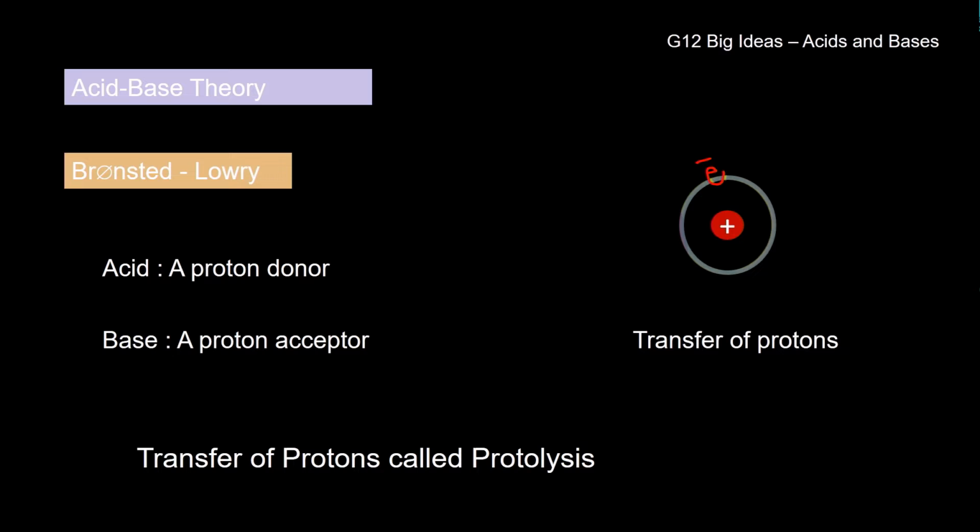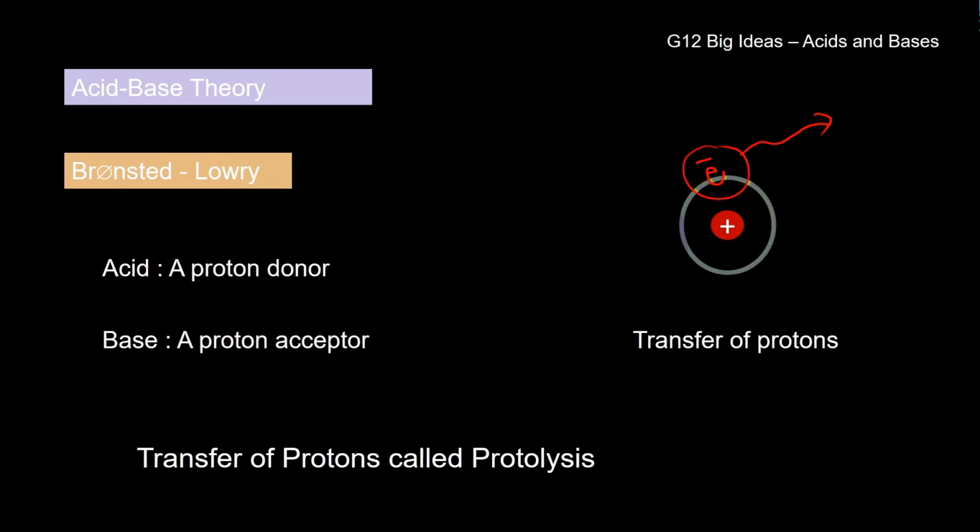Now, when that electron is given away, we sit with a naked hydrogen ion. It has nothing to protect it. It is purely a single proton. Their theory is talking about this substance, the H plus ion, known as a proton, one single proton.